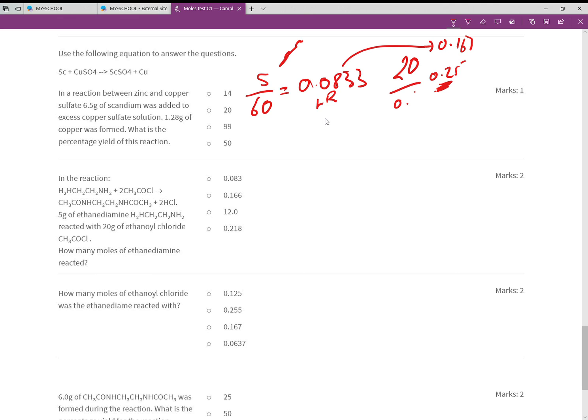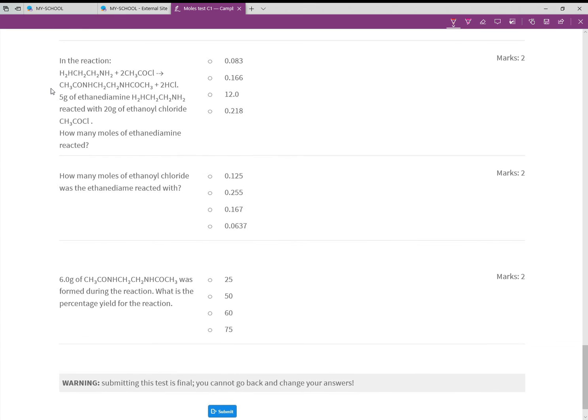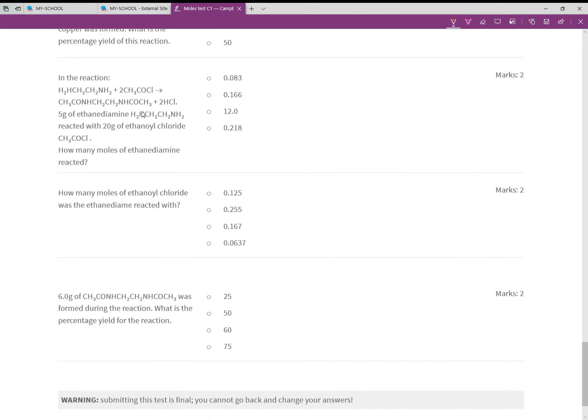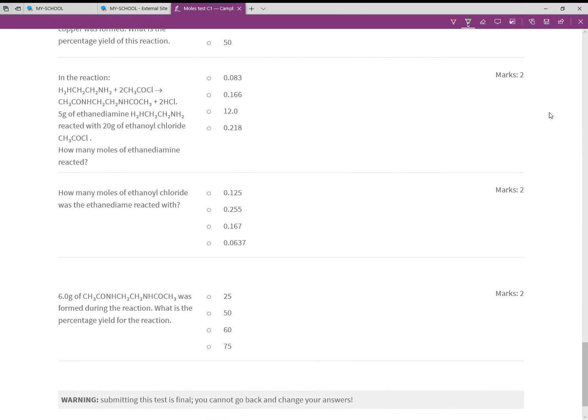So how many moles of ethane diamide would be made? Well, that's your ethane diamide here. I'm trying to highlight it at the minute, but it won't let me do it for some reason. Okay, that's fine.